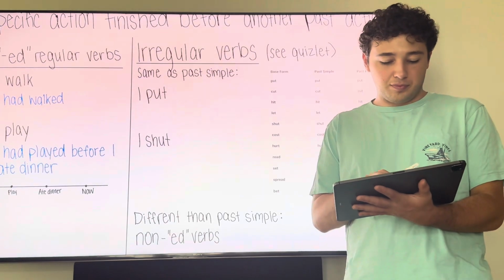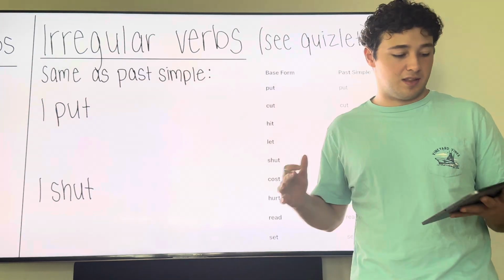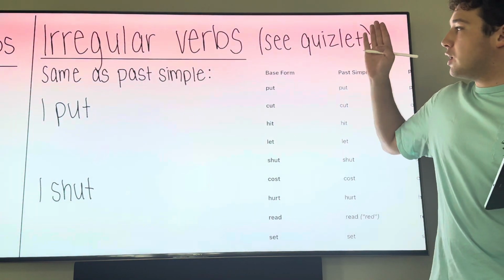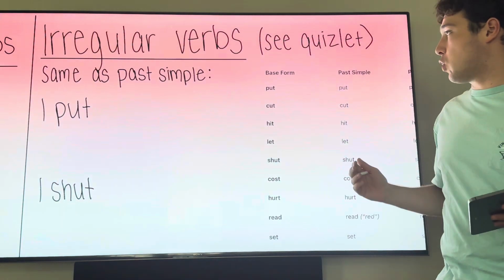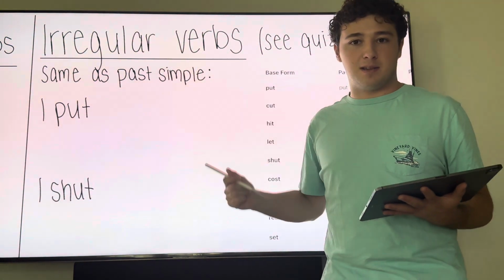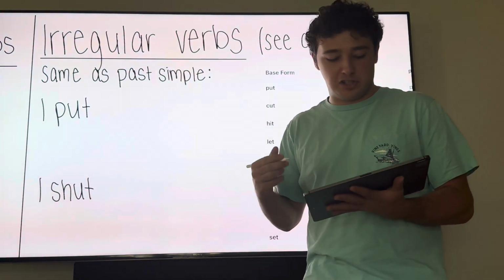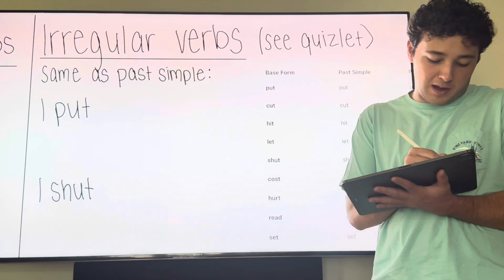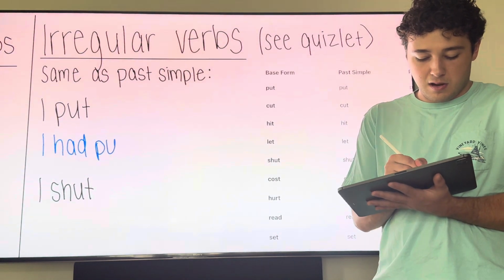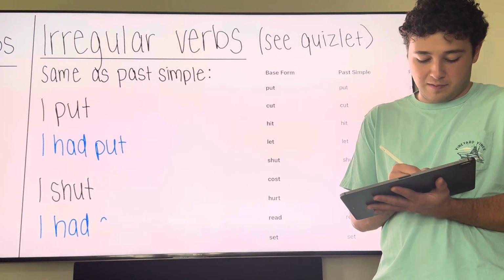Okay. So now that you have the idea of when to use this form, let's just look at some of the others. There are irregular verbs, and there are quite a few. These ones are the same as the past simple, exactly. So, for a verb like I put or I shut, it would become simply I had put and I had shut.